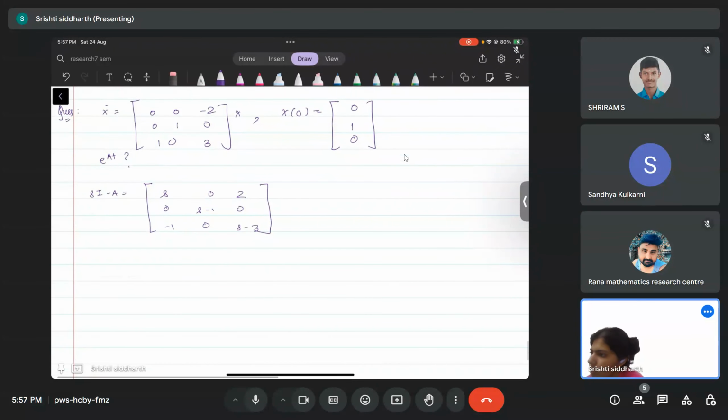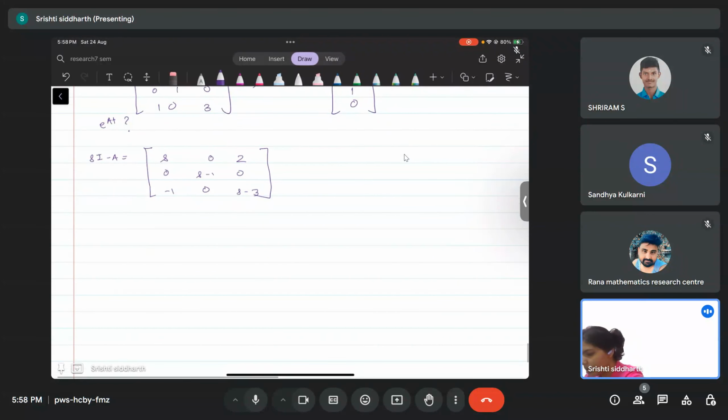Alright, so we can compute the inverse of the matrix. So this is going to be long. So what I'm going to do is this: 1 upon the determinant of sI minus A, and its conjugate.